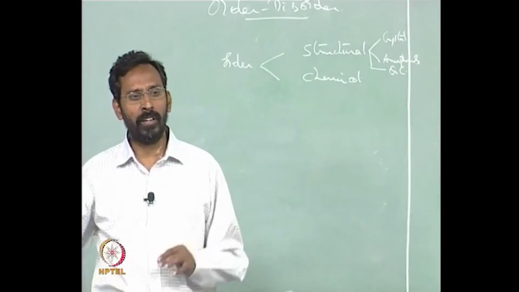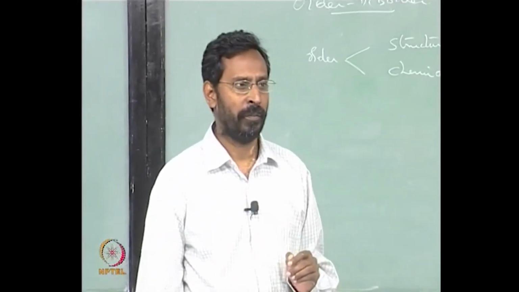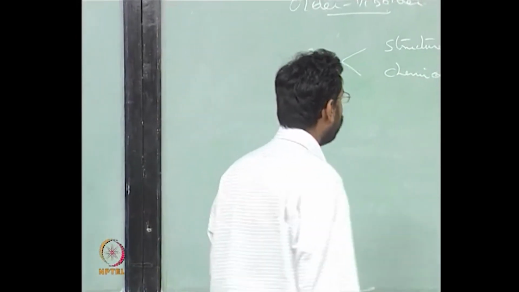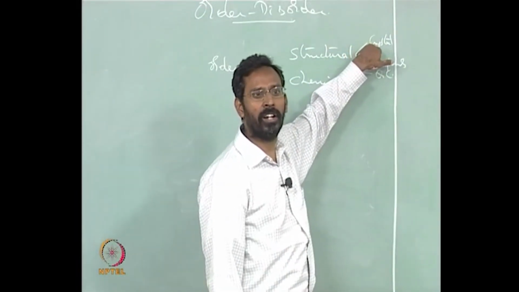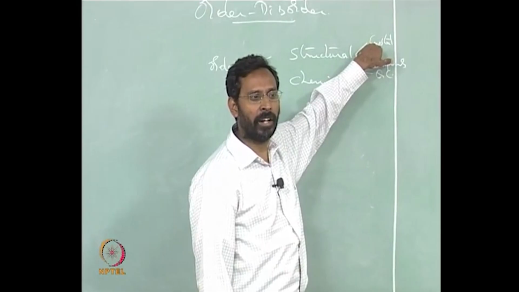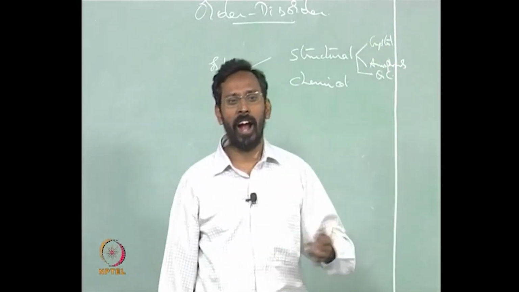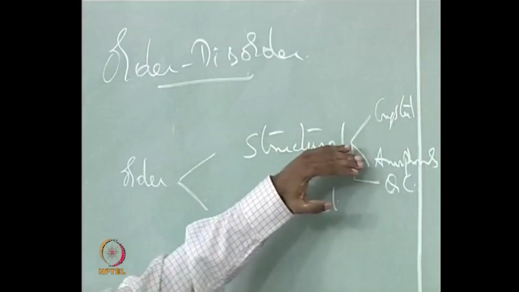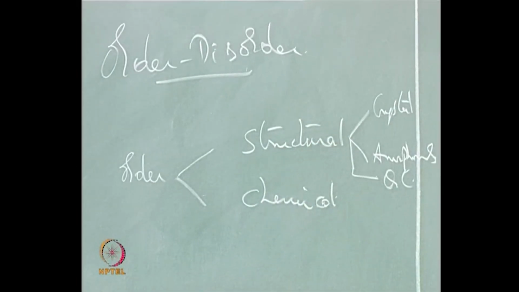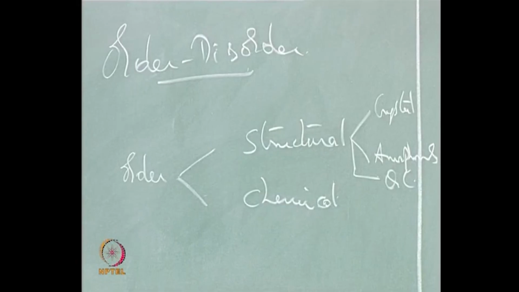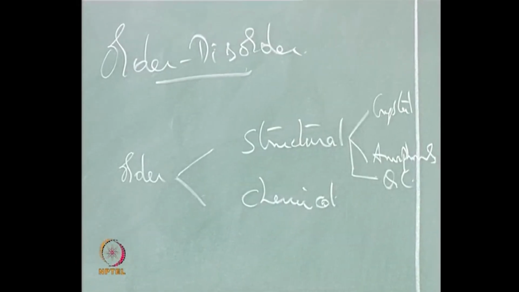These are the three types of structural orders, and the differentiation is: a crystal is one where you have both rotational symmetry and translational symmetry, a glass is where you do not have both, and a quasi crystal is where you have one of them. The rotational symmetry exists but translational symmetry does not exist. That is how we talk about it.